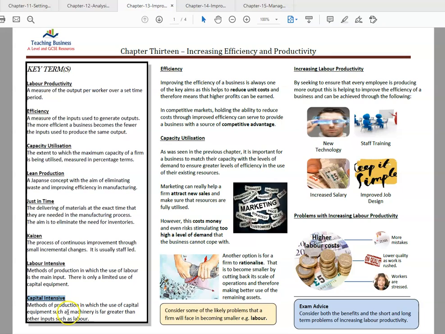That means you use machinery and technology in far greater amounts. It's much more predictable in its use, but it's worth recognising these two separate terms that we use a lot.